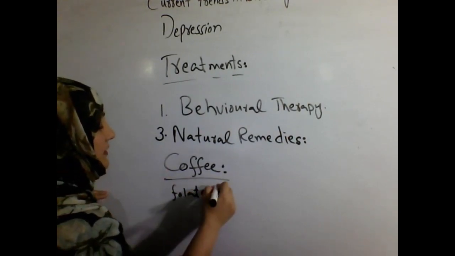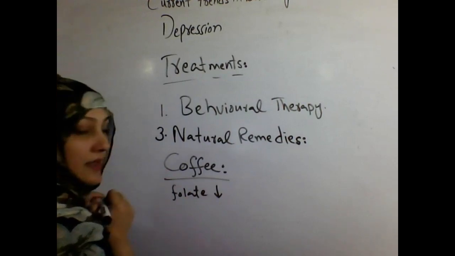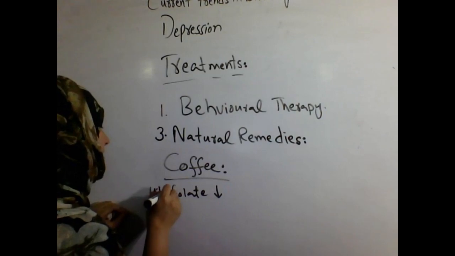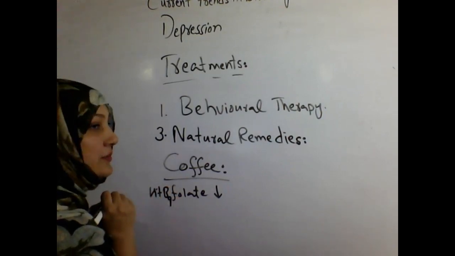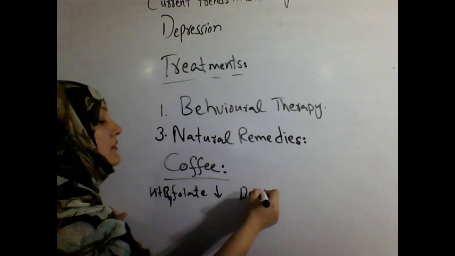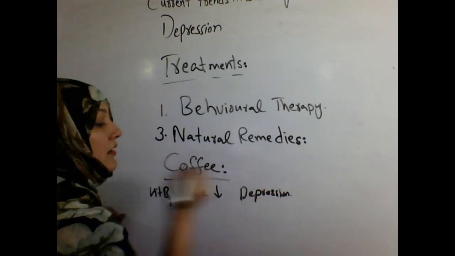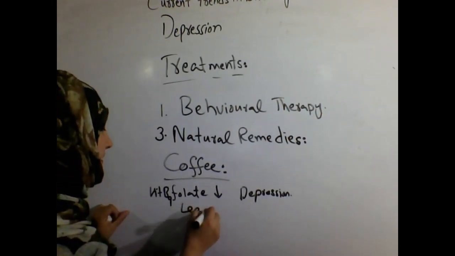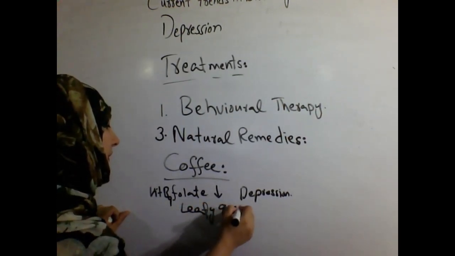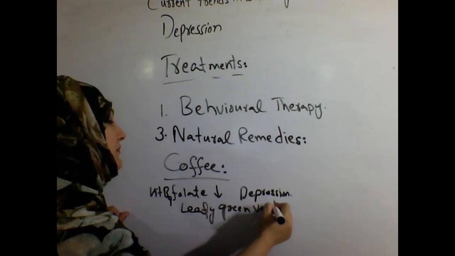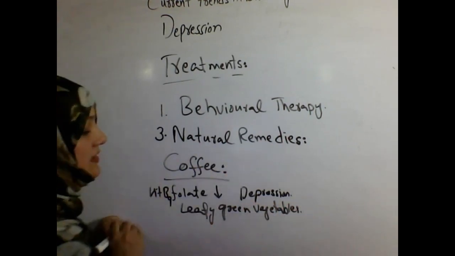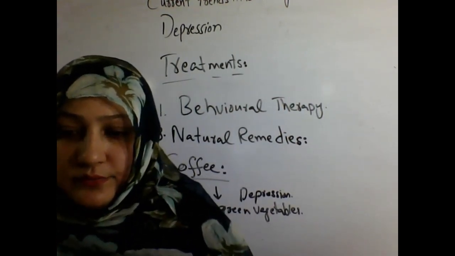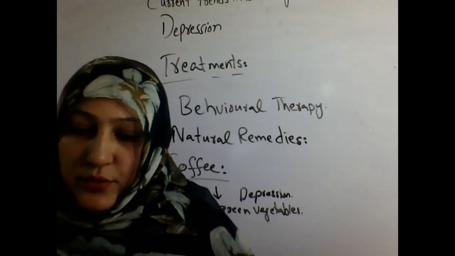Folate, or vitamin B9, deficiency also leads to depression. But if we take leafy green vegetables in our daily diet, then this deficiency does not occur and the depression can come to an end.